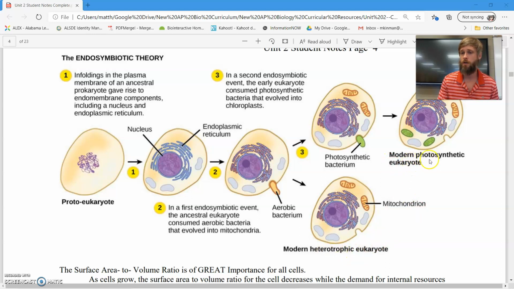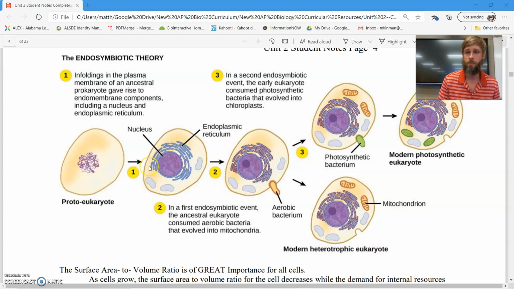So here we have a modern photosynthetic eukaryote, like what you would find in plants. Here is a modern heterotrophic eukaryote, like you would find inside of your body that you're made of. So it started with a simple proto-eukaryote. That prokaryote started to fold its membrane inward to compartmentalize things that it was taking in. Now understand that this is a small diagram, but this must have occurred over millions of years.